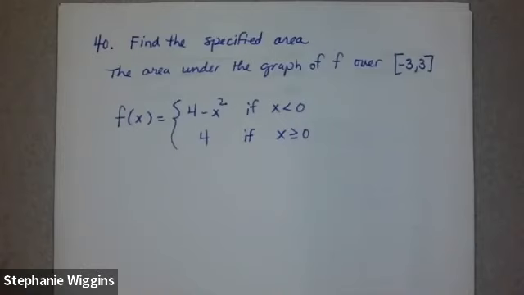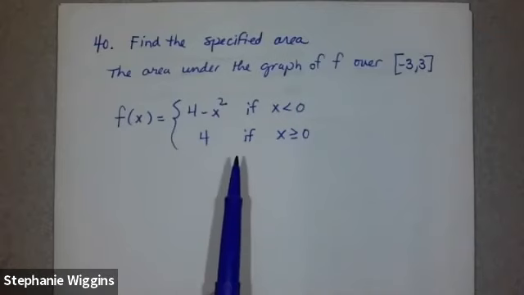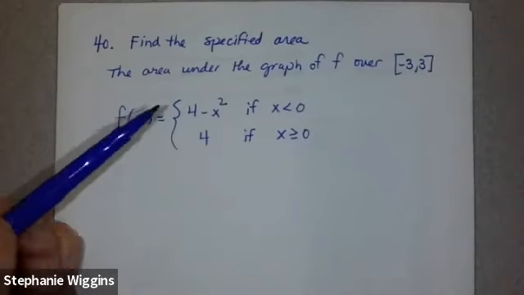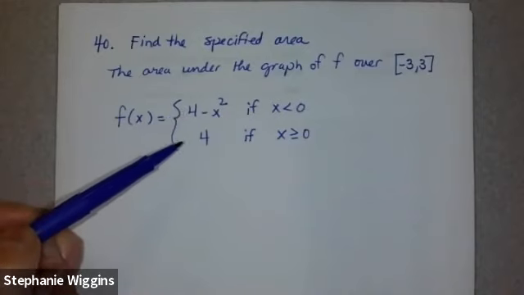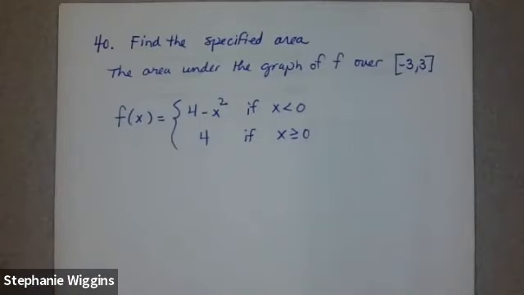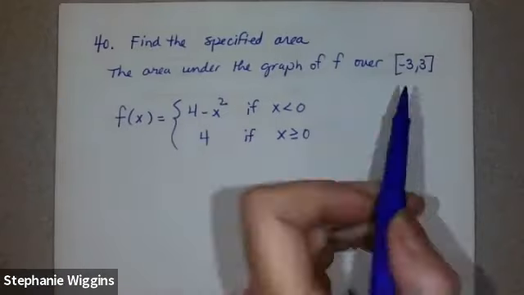So we want to find the specified area, and that's the area under the graph of f over the interval from -3 to 3. So you can see here, this is a function defined piecewise. It has this function 4 minus x squared for negative values of x, and it's equal to 4 for positive values. So I needed to divide up my integral.